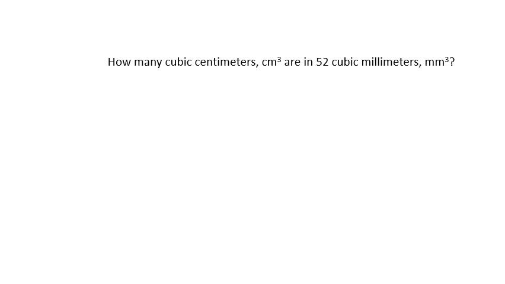Okay, so here we had to convert 52 cubic millimeters to centimeter cube. Okay, so for that one again I will go with the mnemonic, by drinking chocolate milk, gram, liter and meters.